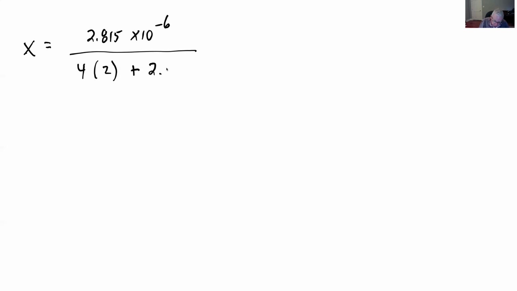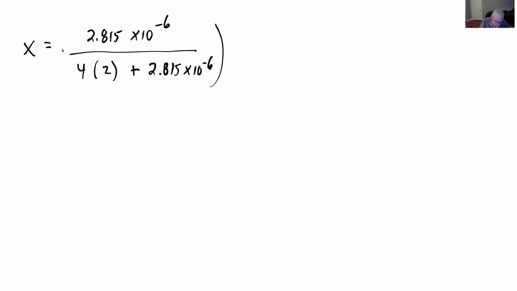I have that my fraction dissociated is equal to the equilibrium constant, which was 2.815 times 10 to the minus 6, over 4, which was in the equation we had, times 2, which is the P over P naught term, plus the equilibrium constant, which is the same number as on top there.